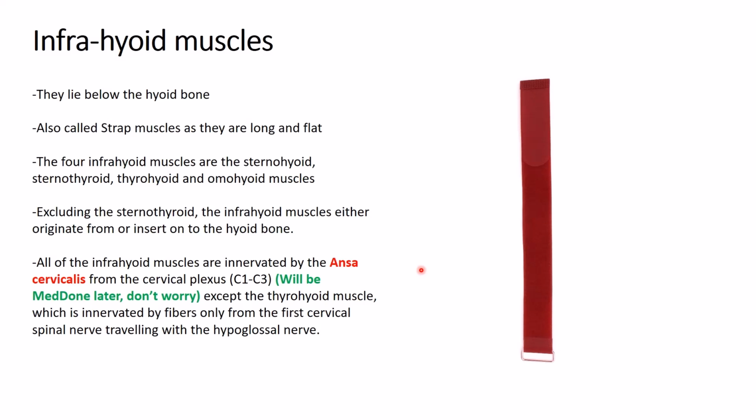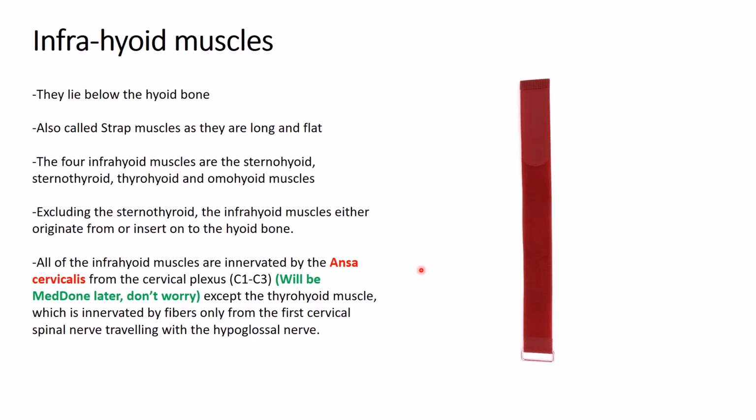This ansa cervicalis gives nerve supply to all the strap muscles except for the thyrohyoid muscle, which is innervated by fibers only from the first cervical spinal nerve traveling with the hypoglossal nerve. This is a little bit complicated, but we will understand it more in the next few slides.